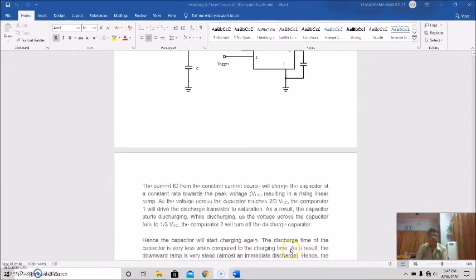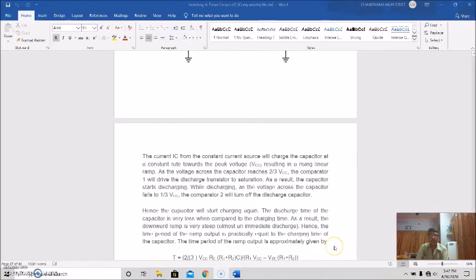Hence, the capacitor will start charging again, and the discharge time of the capacitor is very less when compared to the charging time.